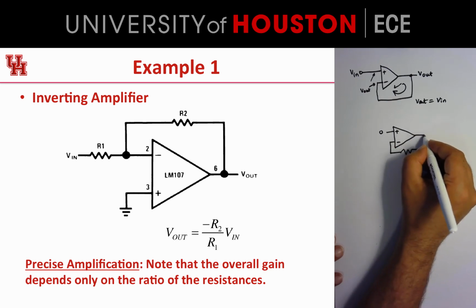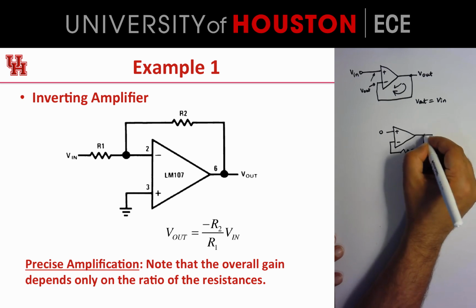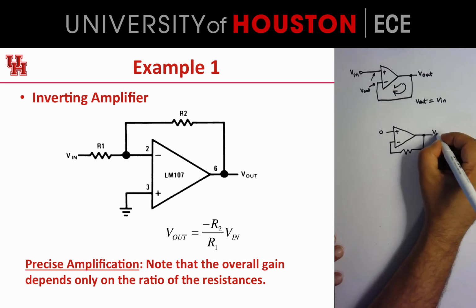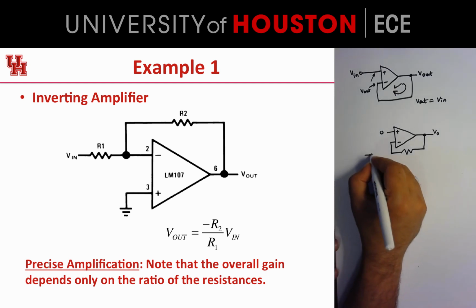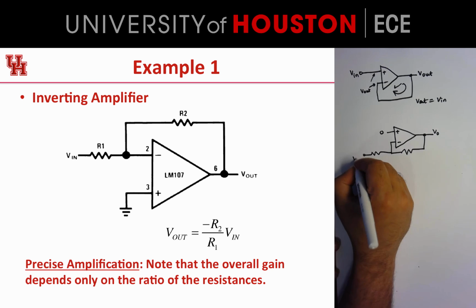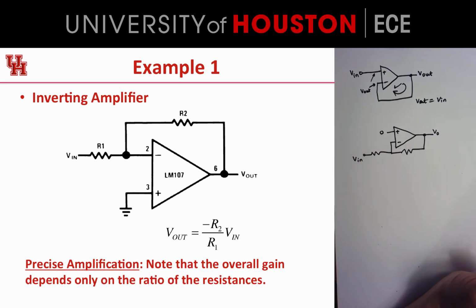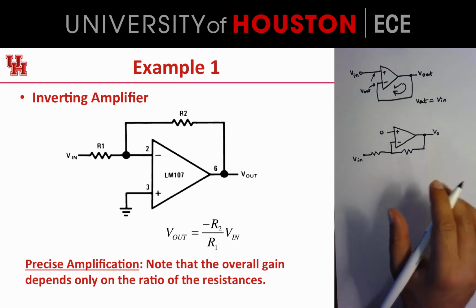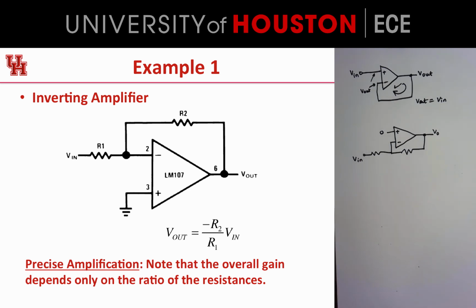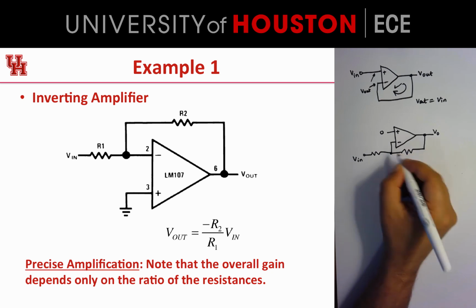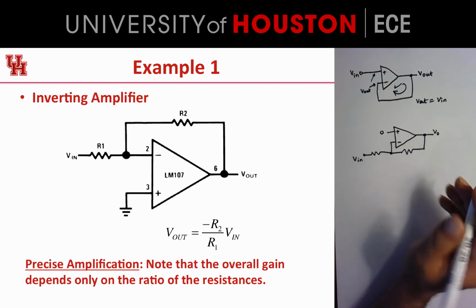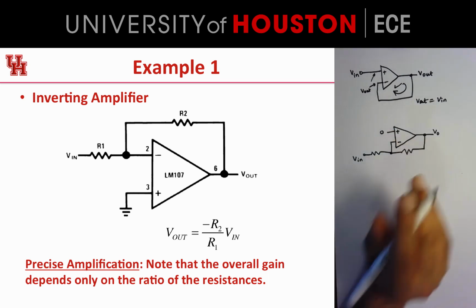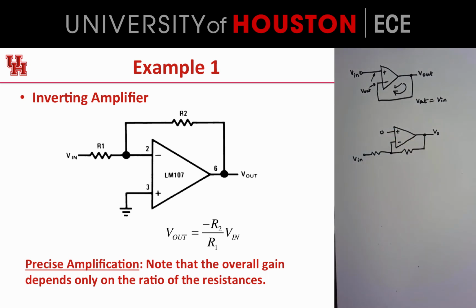So I got a resistor, and this is my V output, and I got a resistor going into V input like that, right? Now it's more common to sketch the circuit the way you see on the screen, but it's really the same thing. I just wanted to keep these pluses and minuses the same way for now. But as long as you know what to look for, we'll be just fine.